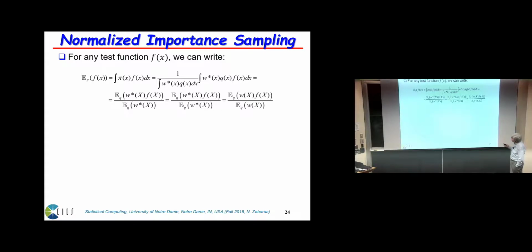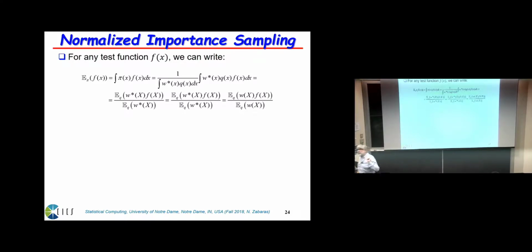And then, what do you have in the denominator? It's another Monte Carlo estimation, 1 over n of the summation of the w stars at xi. The idea here is that this estimator has now become the ratio of what? Of two Monte Carlo estimators.